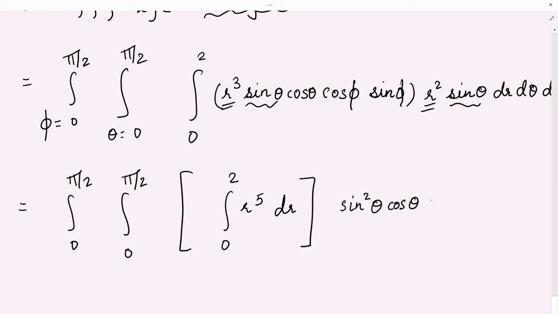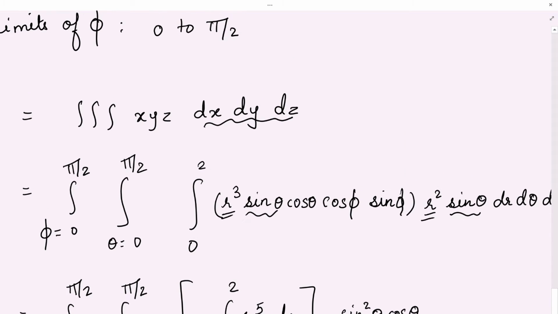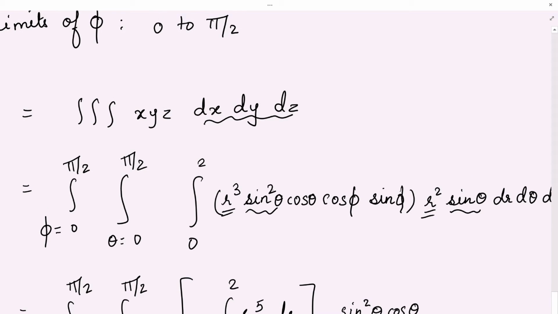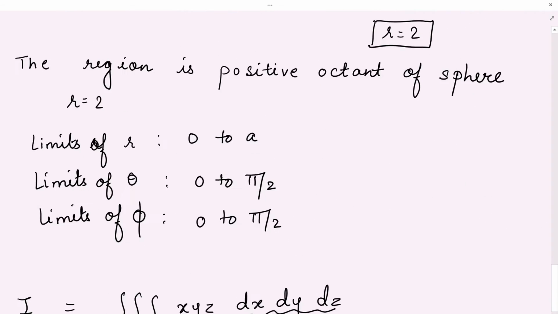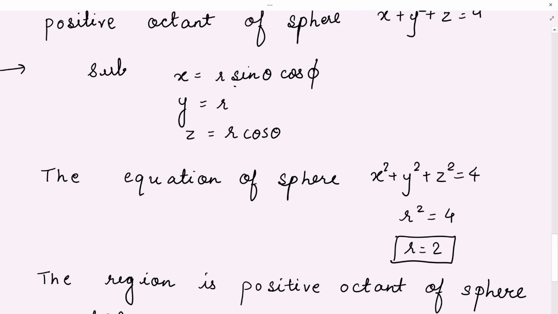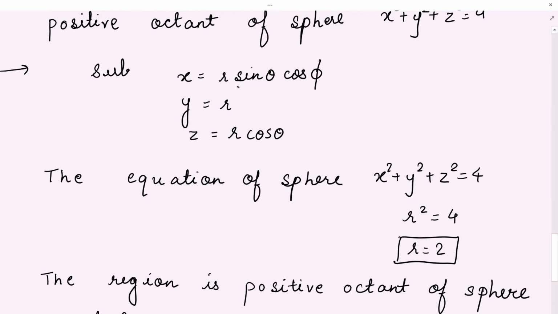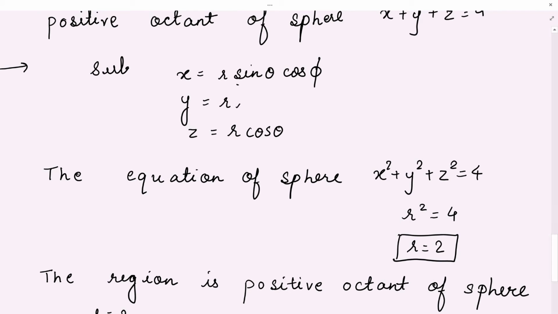and here you have, sorry, this will be sine square, right? Because substitution is what? R sine theta cos phi, and here also you have R sine theta sine phi, and here you will have cos theta.